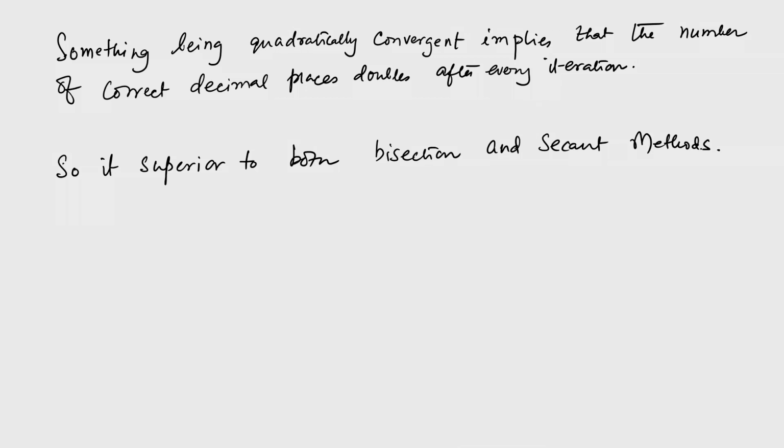Bisection has linear convergence and secant has more than linear, but of course not a power of 2, less than a power of 2, it is between 1 and 2. Okay. So, what are the demerits of the NR method?